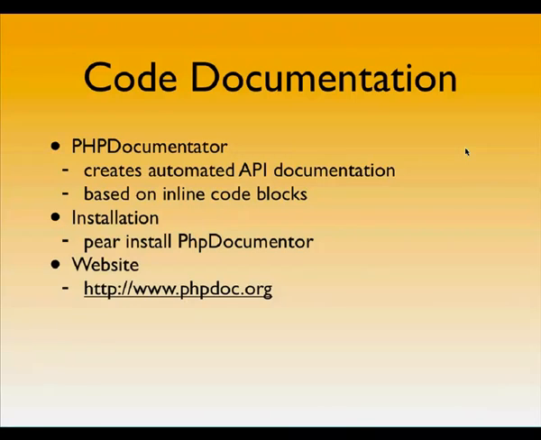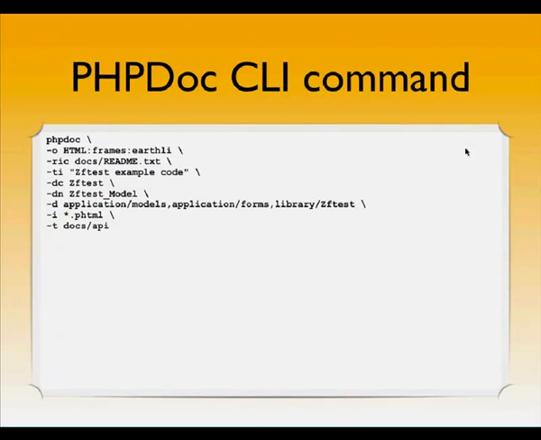It's very simple CLI commands. First of all, you use a template, which is -o. If you have README files, install files, changelog files, you can add them with RIC. The title TI is ZFTest example code.